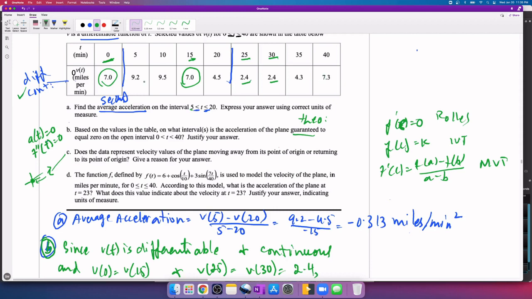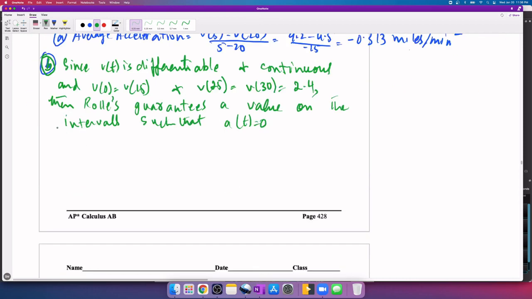And by the way, all of the velocities are positive. So it means if they're all positive, then it's increasing. If it's increasing, then it means it's moving away. Like I'm going in this direction, moving away, increasing. So let's try that and explain it.